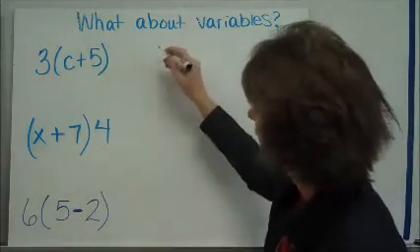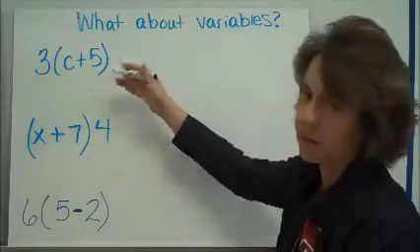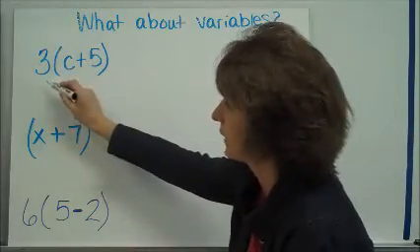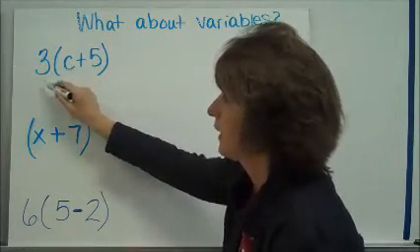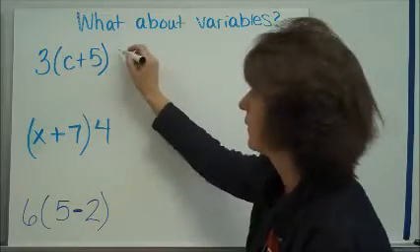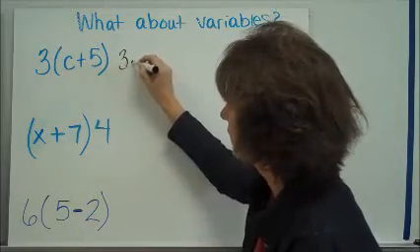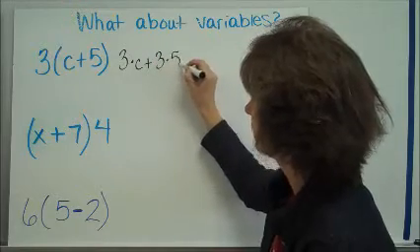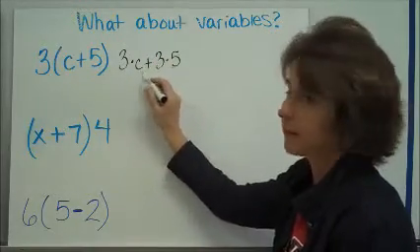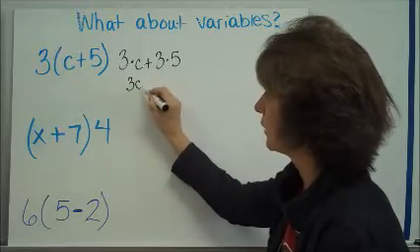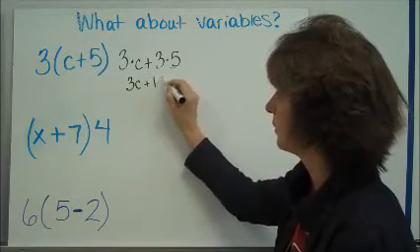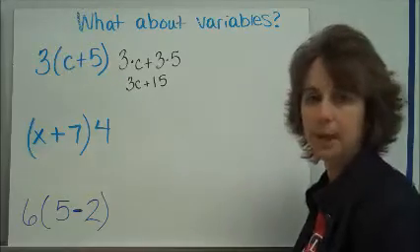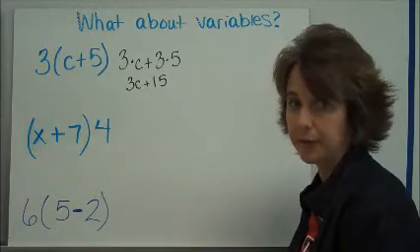So, the easiest way to do this is to think about 3 loving c and 3 loving 5. So you may say 3 loves c and 3 loves 5. Now this can't be simplified because we don't know c, but this can be simplified. So our expression becomes 3c plus 15.